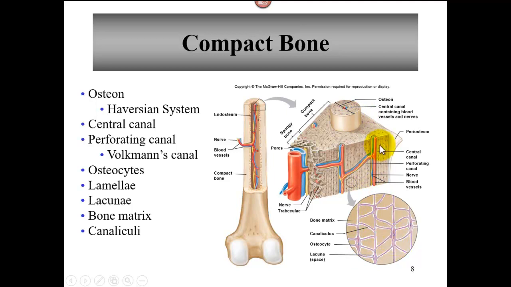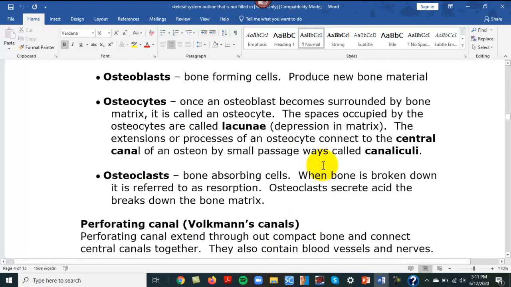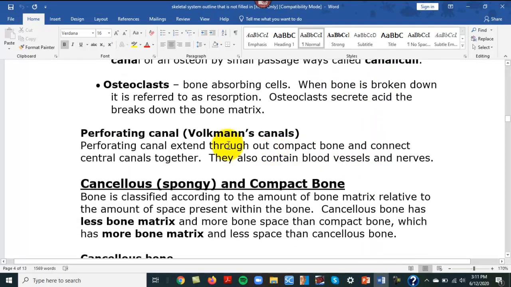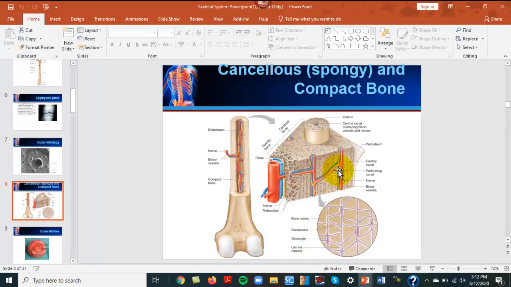Once an osteoblast has produced bone material all around it, it becomes dormant and turns into an osteocyte. And then, like I said, you have osteoclasts that absorb bone during bone development and also afterwards. I showed you a perforating canal or Volkmann's canal. Those connect between the two central canals. It's called a perforating canal.